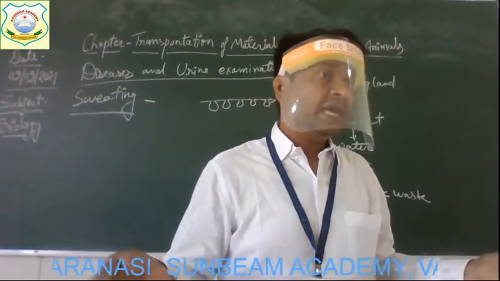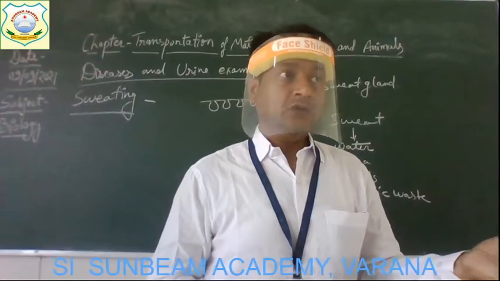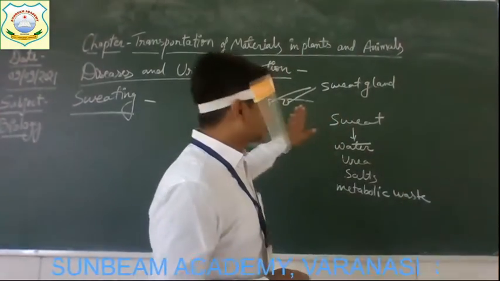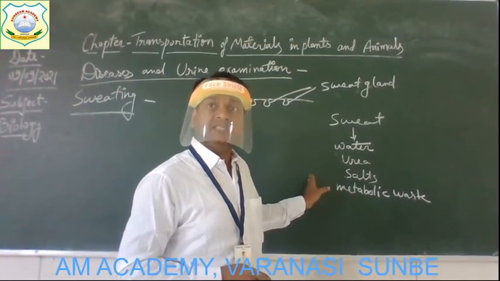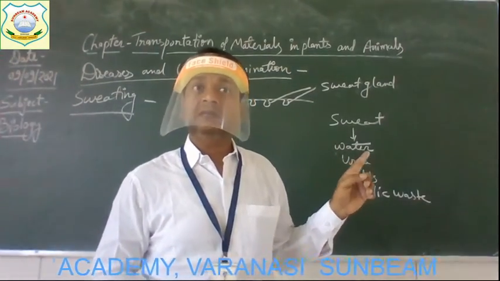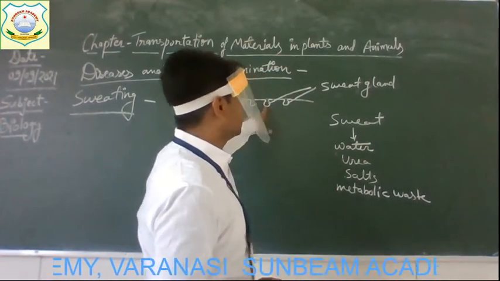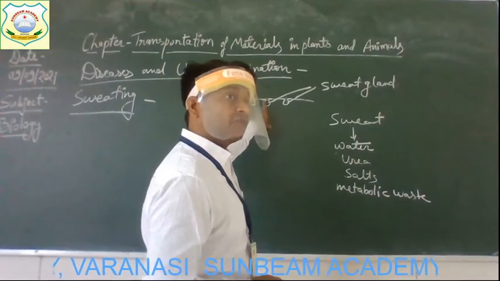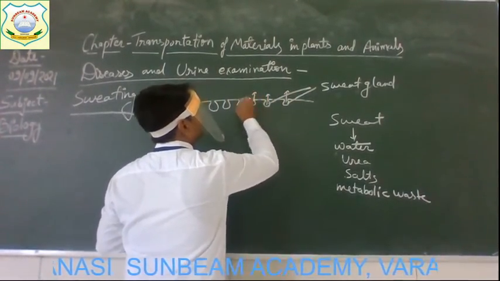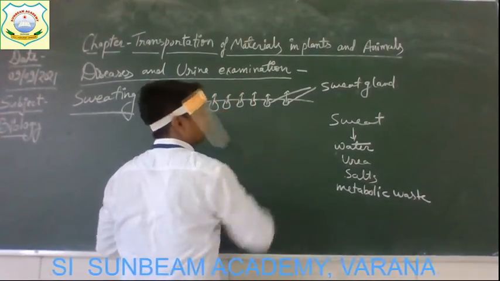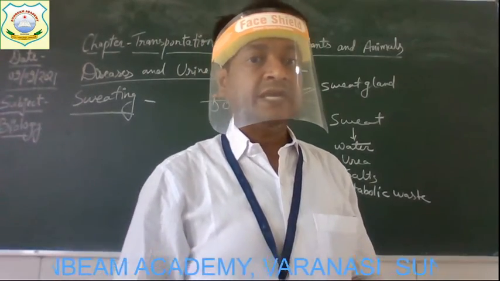Waste needs to be thrown out. For the same purpose, our skin also helps in the removal of some waste material in the form of sweating. And where are these wastes present? In sweat glands. And from sweat glands, they get released out from time to time. Get it? Understood everyone? The process of sweating.